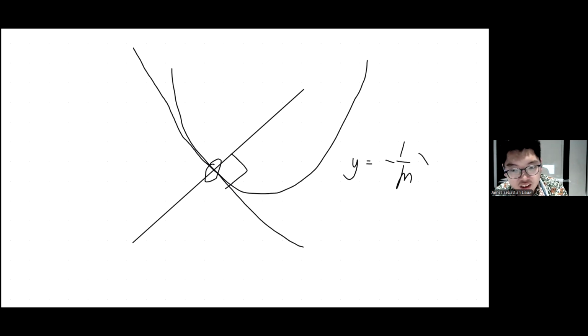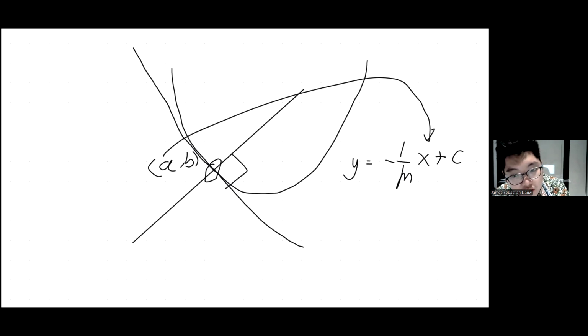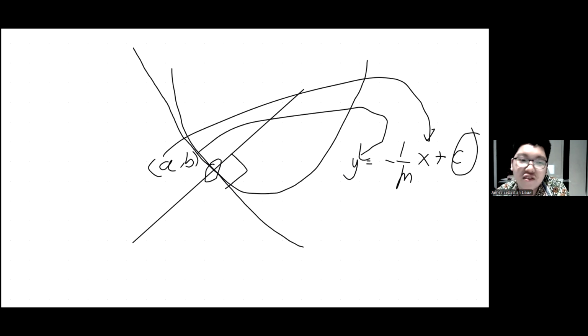If the original gradient of the tangent line is m, and say the coordinates of this point is a comma b, then you substitute a over here, b over here, and you will get your c, and you already know your m from your derivative, from doing the reciprocal of the value of your derivative at that point. And so you can then find the equation of the normal line.